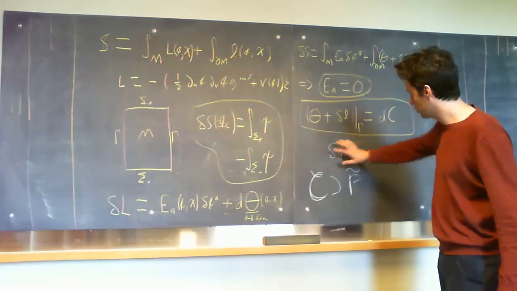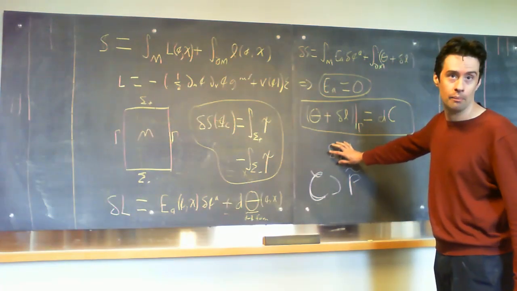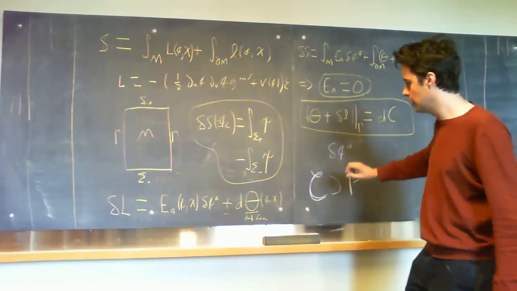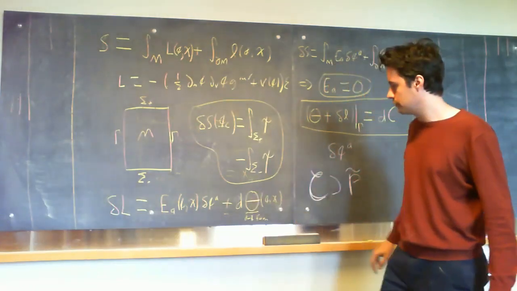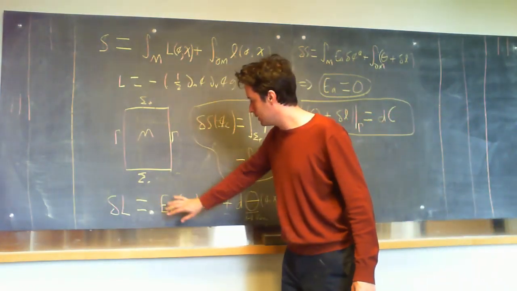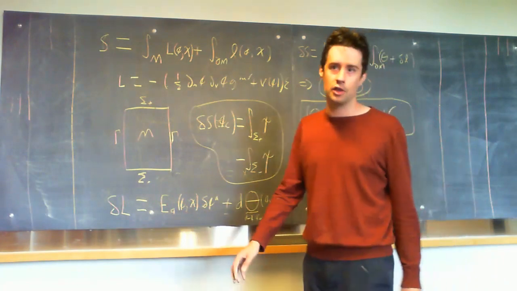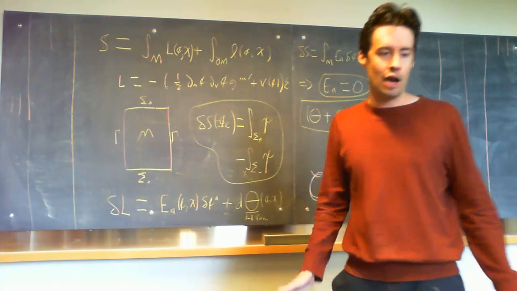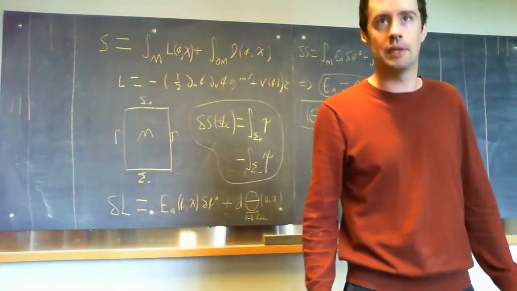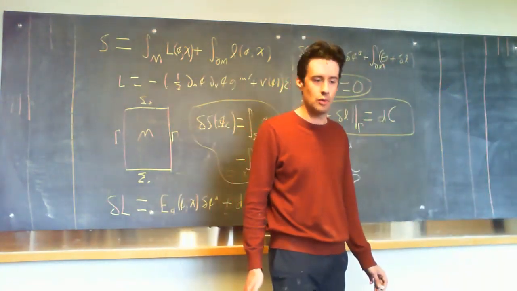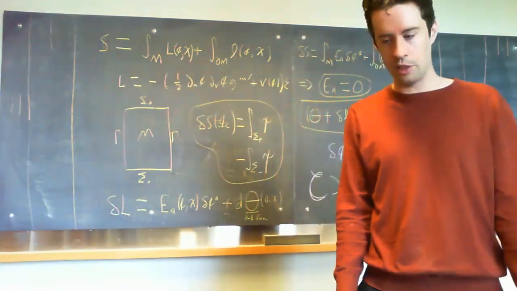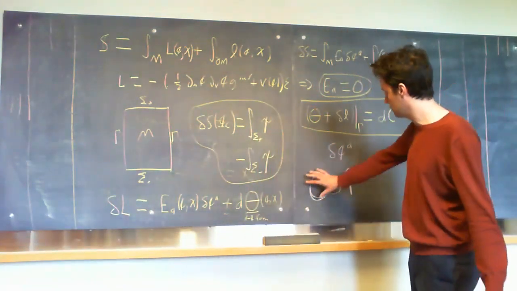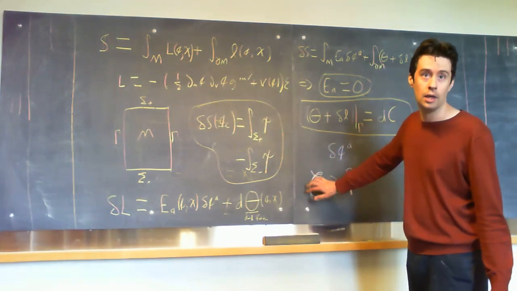Again, we're interpreting delta phi now as a one form on the set of configurations. Theta is a one form on the set of configurations. E_A is a zero form on the set of configurations, but it's a D form on space-time. And so from now on, every object that we're going to talk about pretty much is going to be a differential form in two different ways. It'll be a differential form on space-time, and it'll be a differential form on the set of configurations.